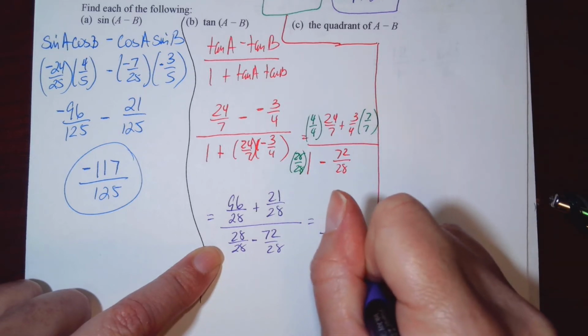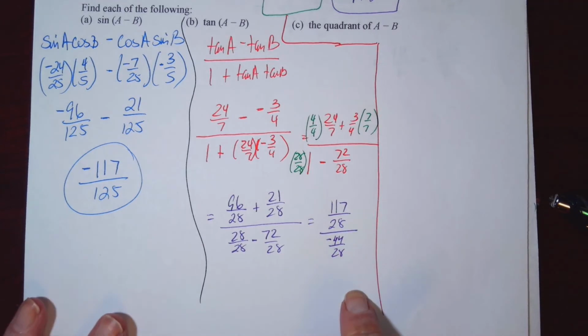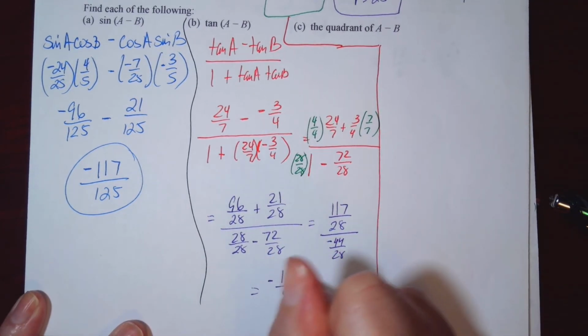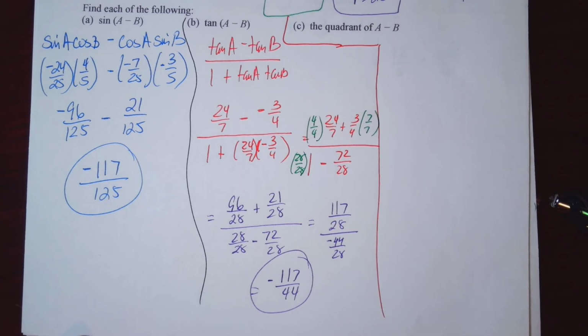Yep, negative 44/28. Those 28s are going to cancel. So I have negative 117 over 44 as my tangent difference.